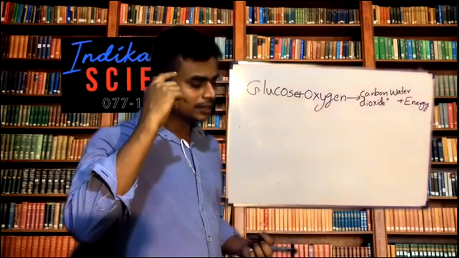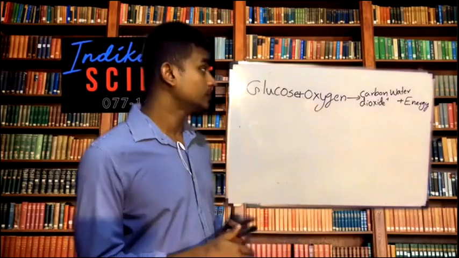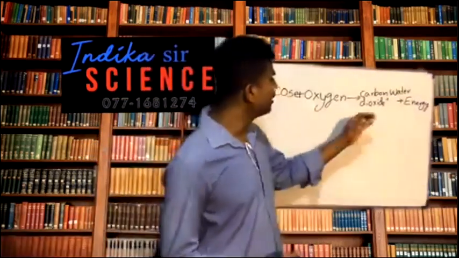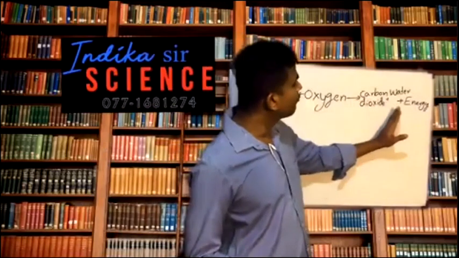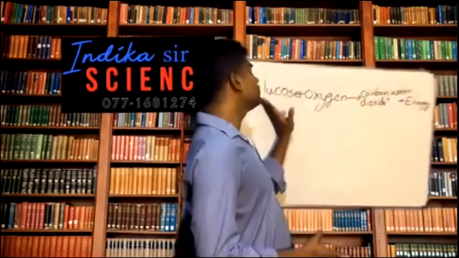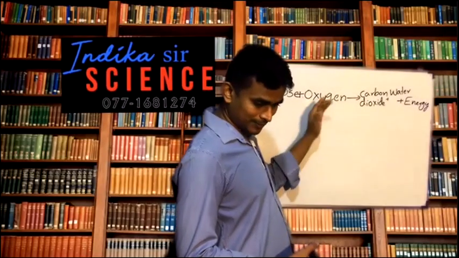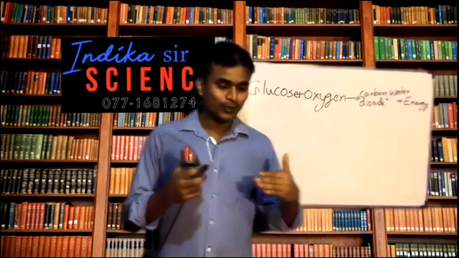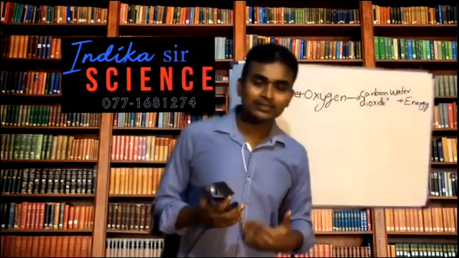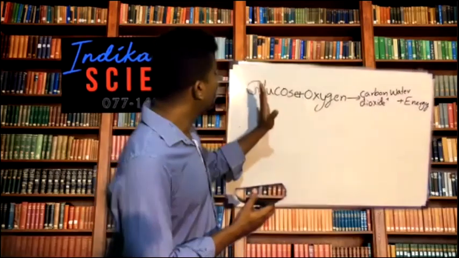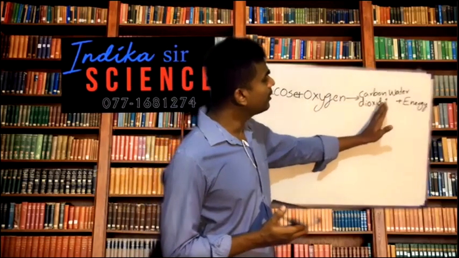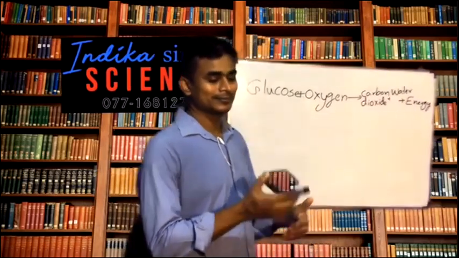Now think about the photosynthesis equation. In photosynthesis, the reactants are carbon dioxide, water, and energy from sunlight, and they produce glucose and oxygen. Think about the relationship between these two. During cellular respiration, glucose plus oxygen produce carbon dioxide and water.